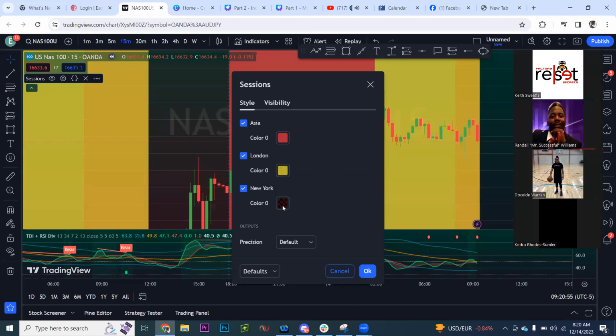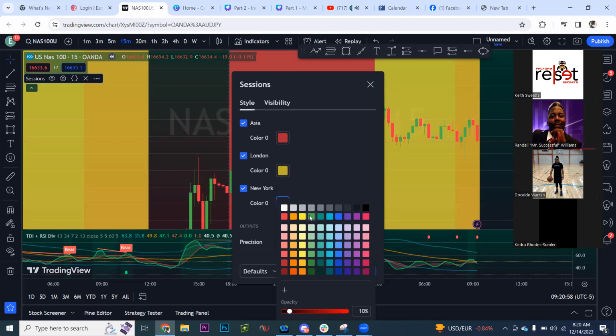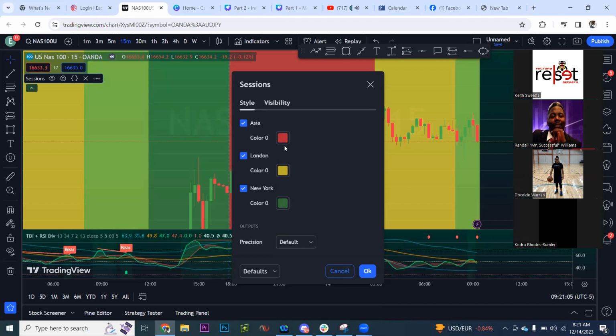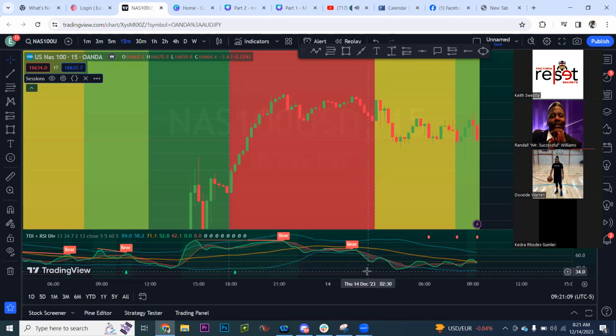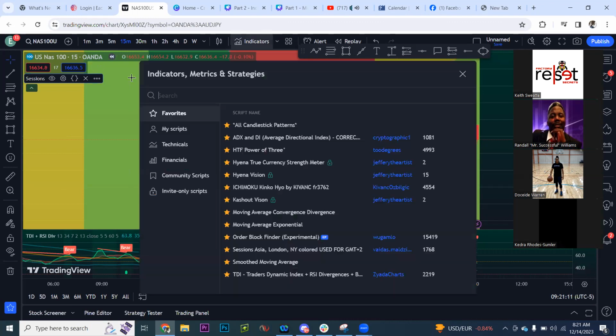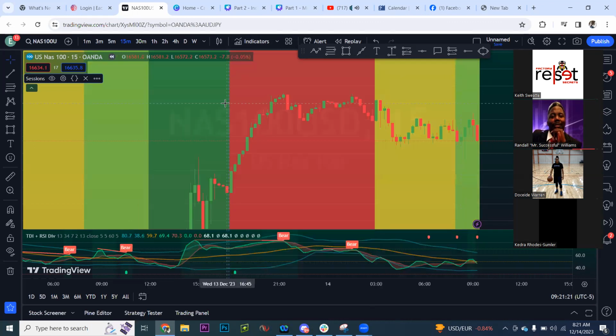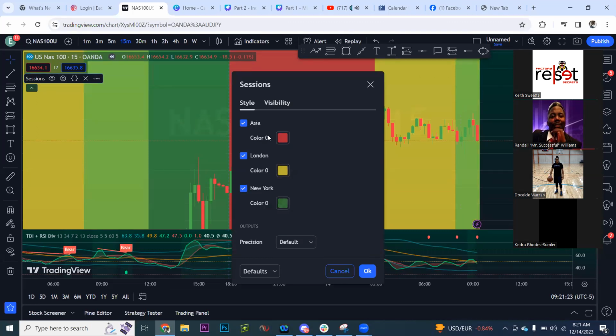And then of course we got the green color. So again, sessions Asia, London, New York, color used for GMT, and the colors red, yellow, green.